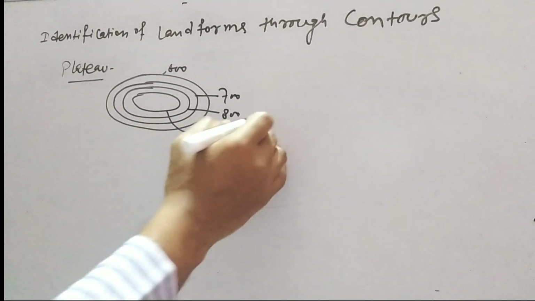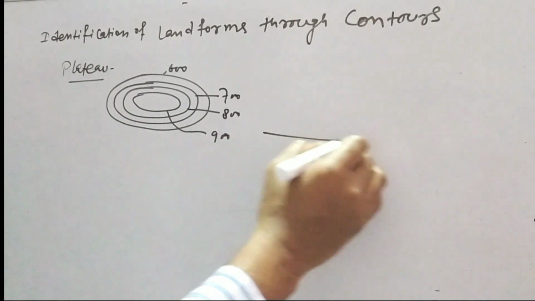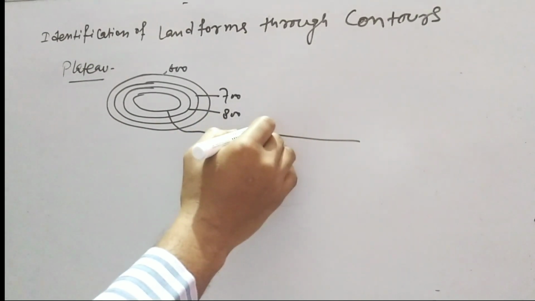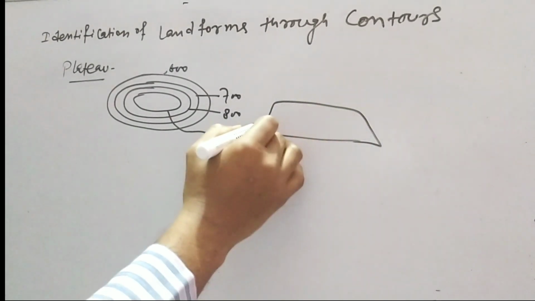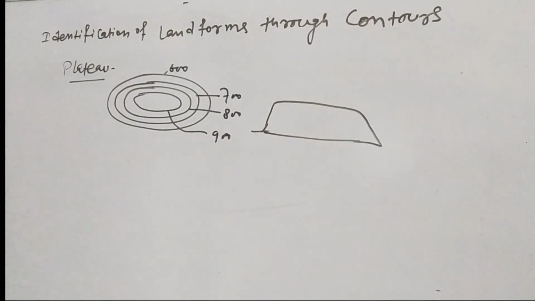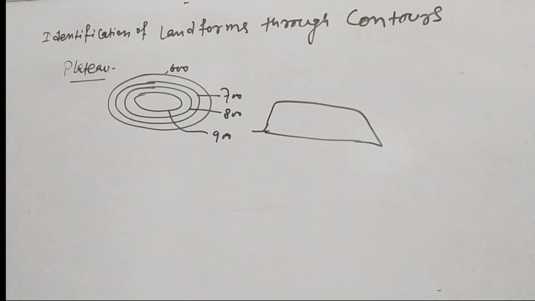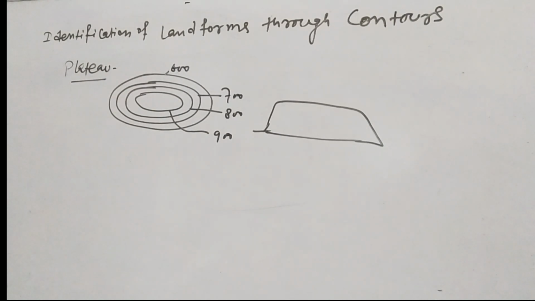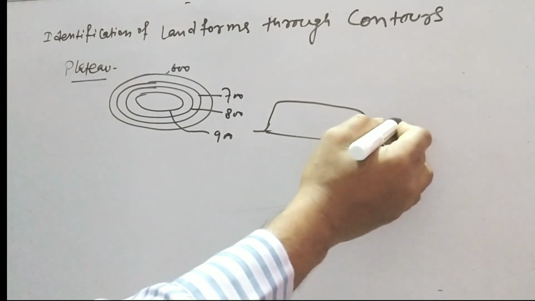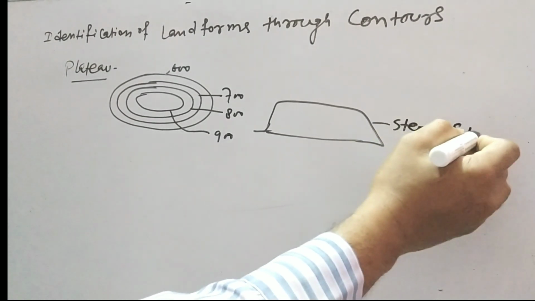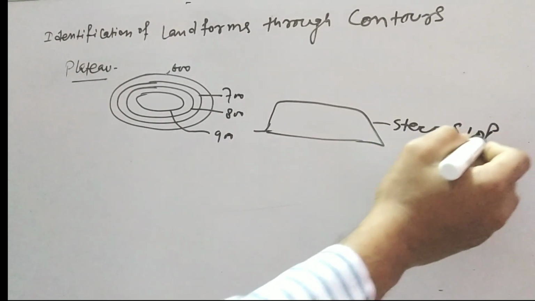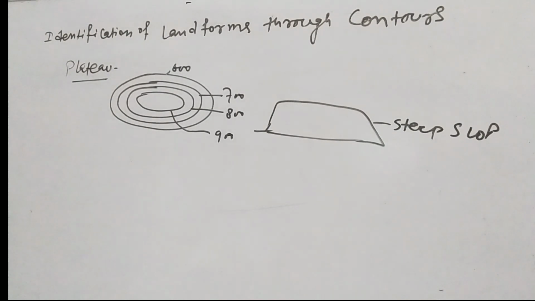The figure is like this: abruptly rise, and the surface almost flat or undulating, but usually has steep slope. This side steep slope, steep slope. Done.